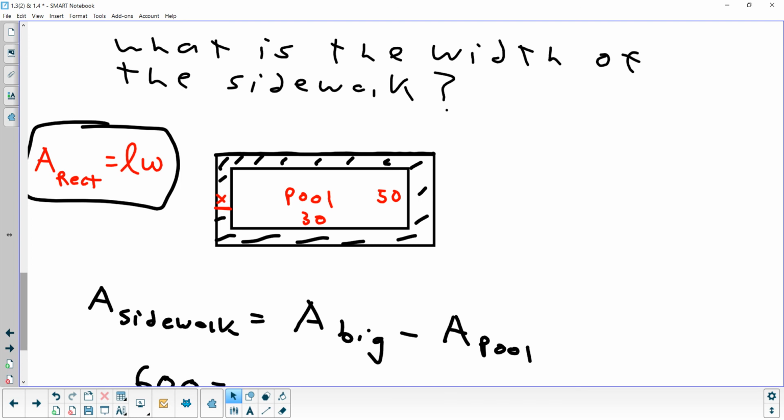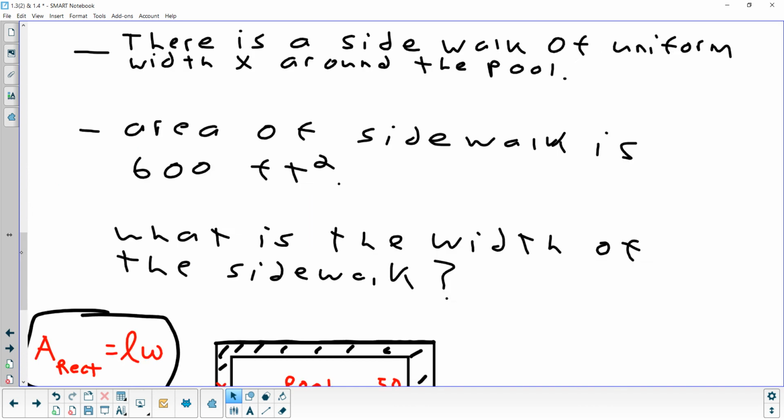I'm not going to have a number, but we're going to have an expression. Would it be 30 plus x squared? Not quite x squared, but yeah, 2x. 30 plus that little part plus that little part. So 30 plus 2x.